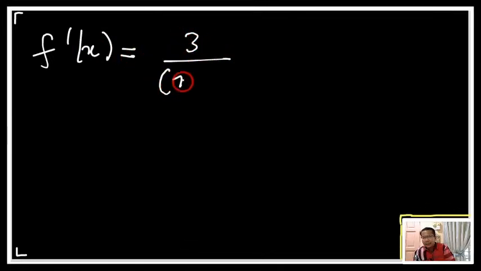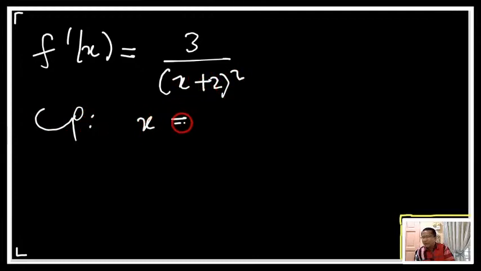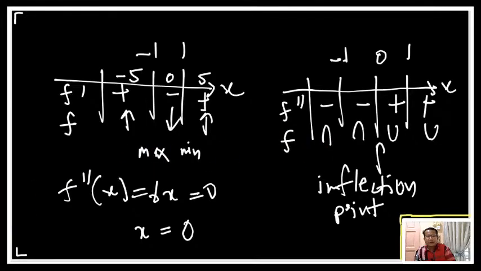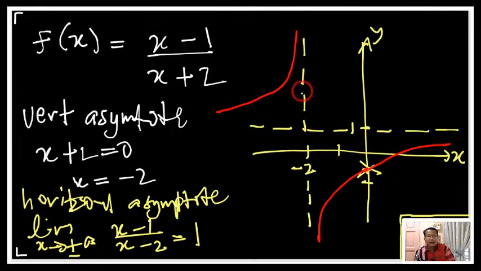So f prime x is equal to 3 over (x plus 2) squared. The critical point happens when the denominator equals 0, so x equal to minus 2. And it happens to be the vertical asymptote.